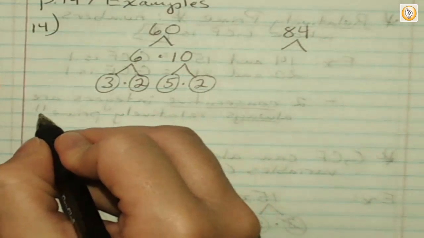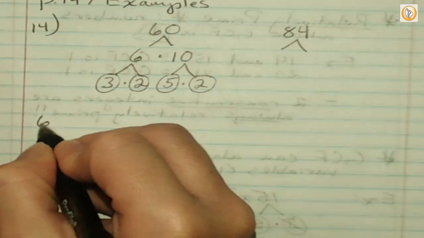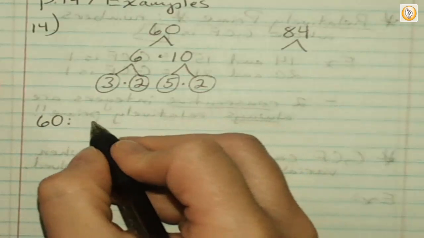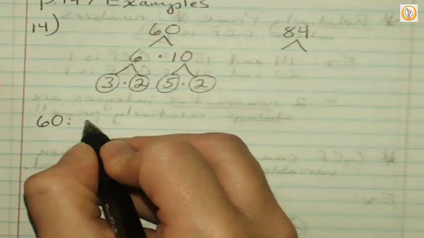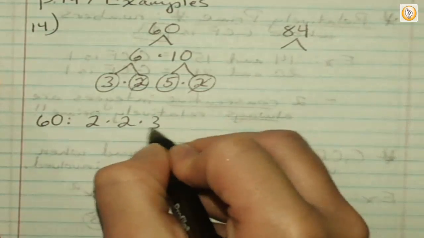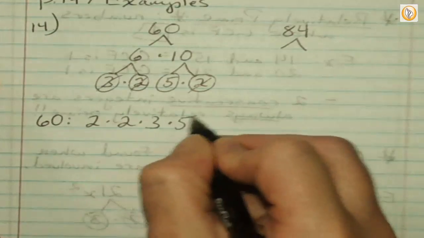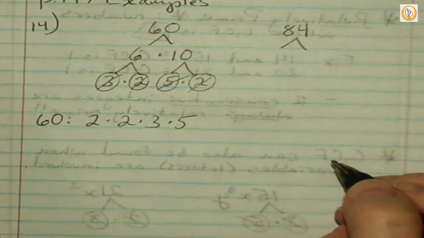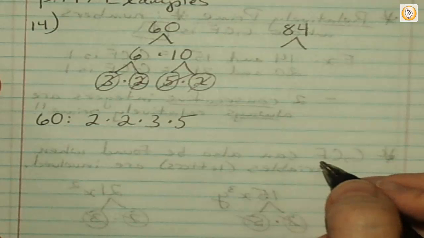Okay, I'm going to go ahead and write over here 60. Cecilia, how do I list this? And make sure you cross it out so you don't get messed up. Good. And you put them in order from least to greatest. Good job, Cecilia.